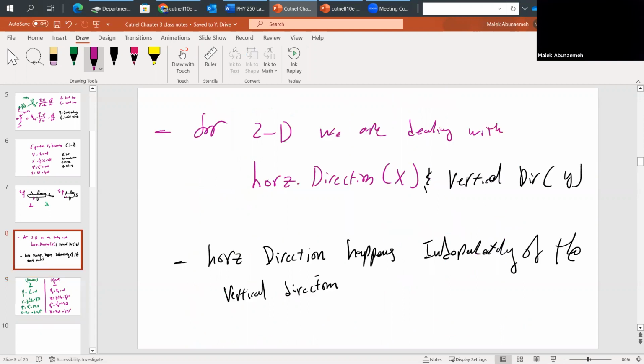And again, for 2D, we are dealing with horizontal and vertical. That means the horizontal direction happens independently of the vertical direction.